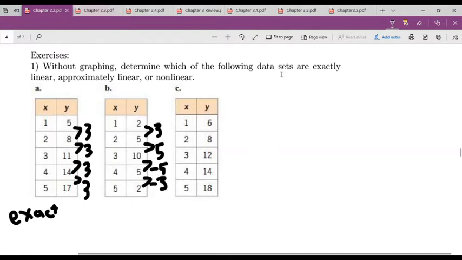So, oops, negative 3, I mean. 5 to 2, that goes up by negative 3. So, what we see here is that our differences are pretty way different here. So, this one, it almost looks like it goes up and then comes back down. So, it's almost looking like it could be a squared function or quadratic.